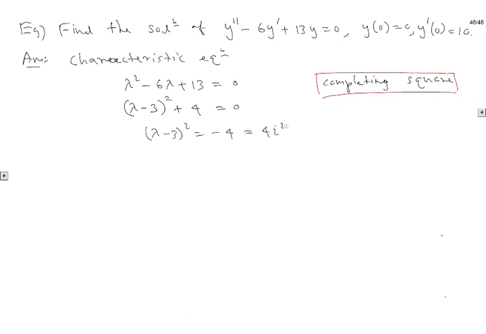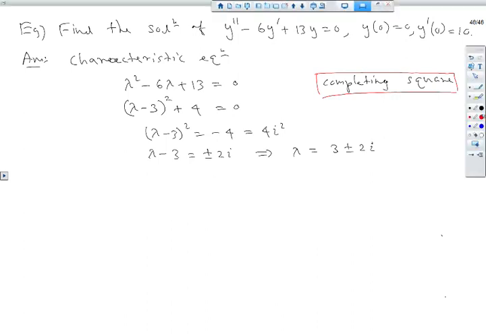Now we take the square root. Lambda minus 3 equals plus or minus 2i. It's going to give you lambda equals 3 plus or minus 2i. Perfect. So you can also get the same result from the quadratic formula easily.